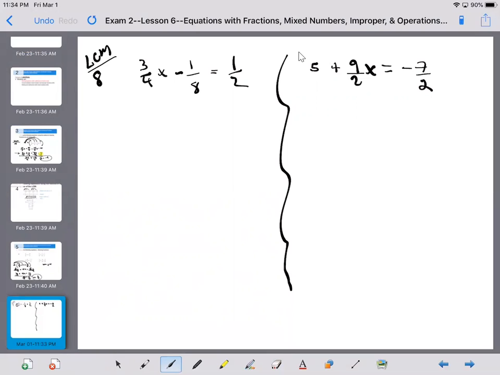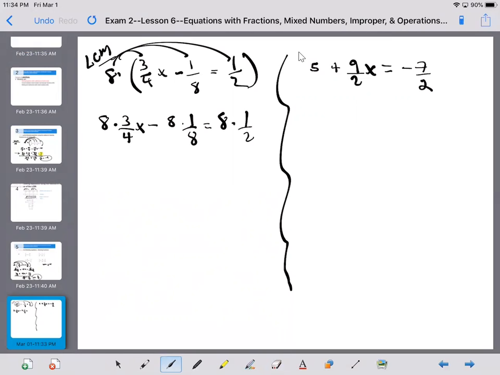So we're going to multiply everything by 8. So this is 8 times 3/4 x minus 8 times 1/8 equals 8 times 1/2. So we see the 4 will divide the 8 2 times, so 2 times 3x would be 6x. This 8 will divide this 8, leaving you just 1.